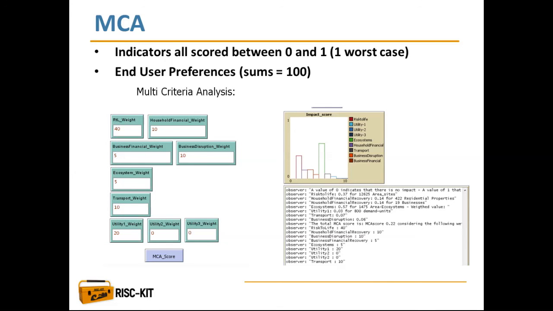All these indicators are then scored between 0 and 1, 1 being the worst case situation, as can be seen here on this diagram. These indicators are then combined with different weighting factors provided by end users in order to calculate a final score for each hotspot.